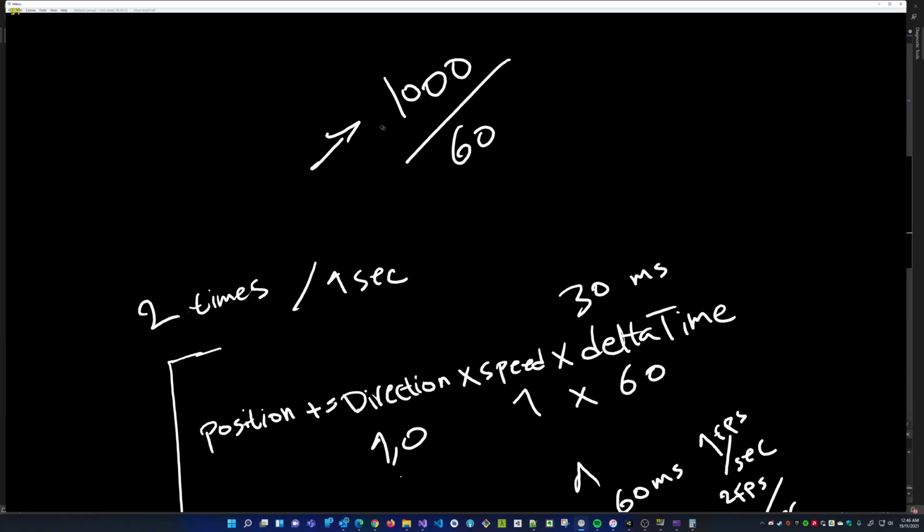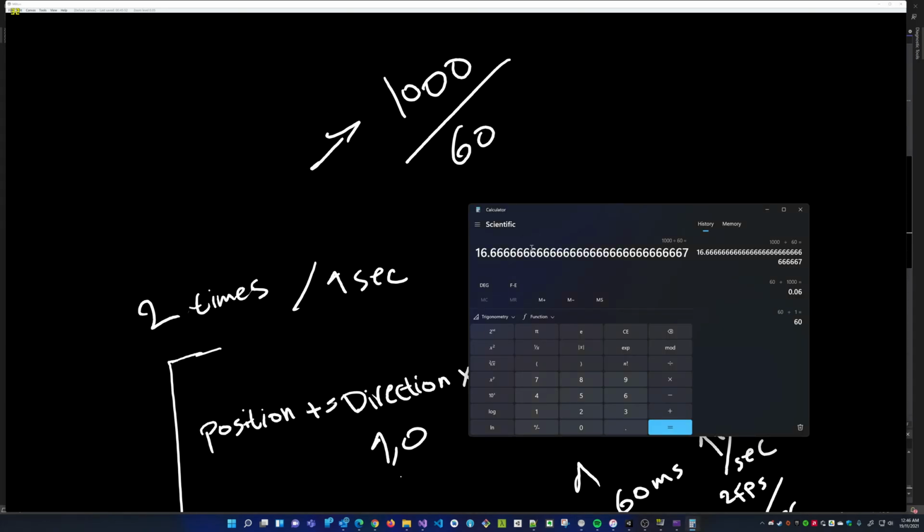This is 1 second, right? 1,000 milliseconds, and this is my frame rate, right? So to get how long a single frame takes, you do 1,000, 1 second, divided by 60 frames. So a single frame takes 16.6666 milliseconds. One frame takes 16 milliseconds to render if you have 60 frames per second.